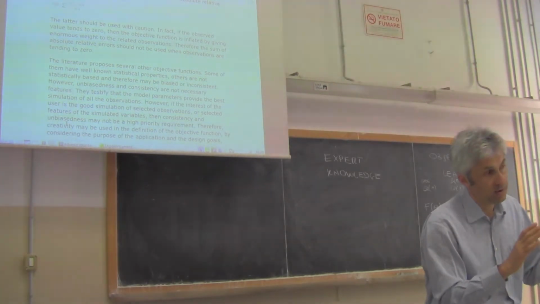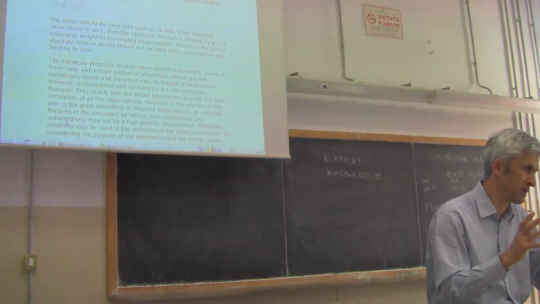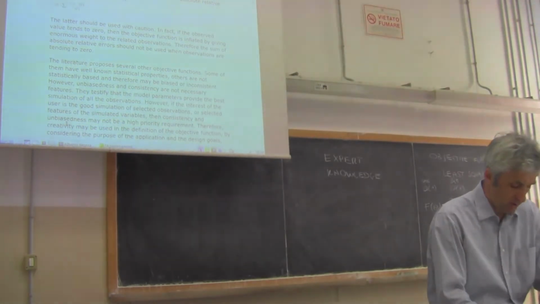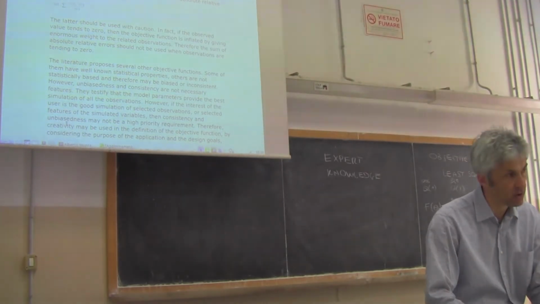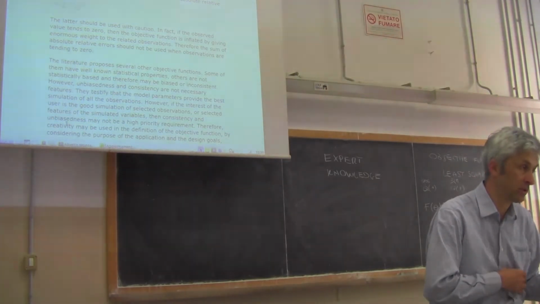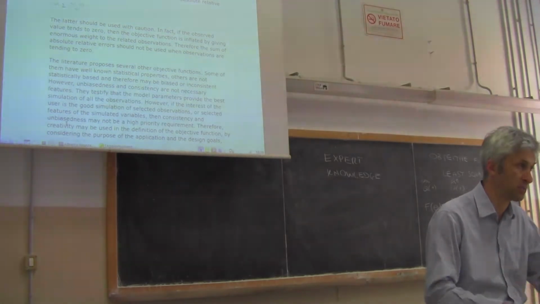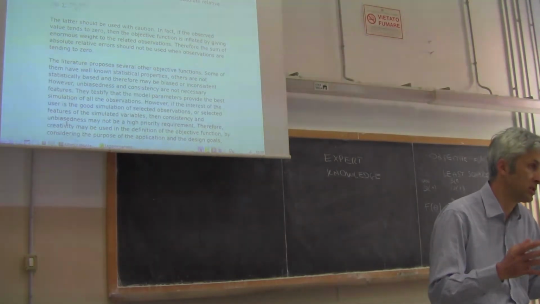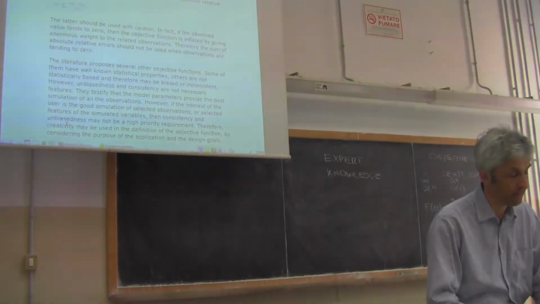Perfect. If we are able to assign a physical meaning to parameters, it becomes easier. That is to say that sometimes this physical correspondence is subjected to a lot of uncertainty. In general, you understand that expert knowledge entails higher uncertainty with respect to the use of trial and error or automatic calibration.